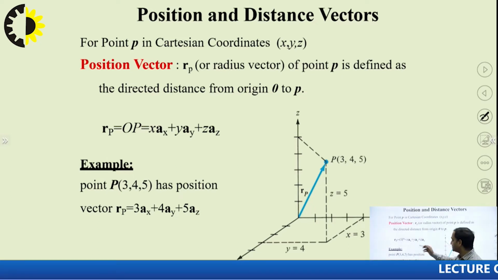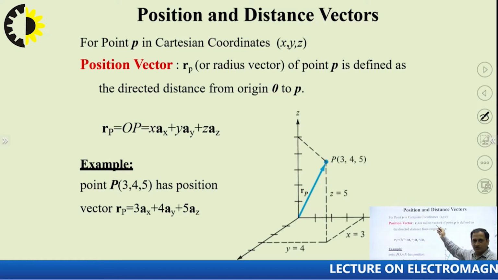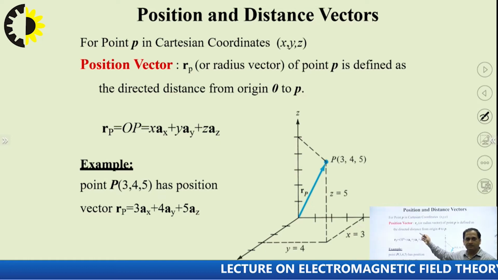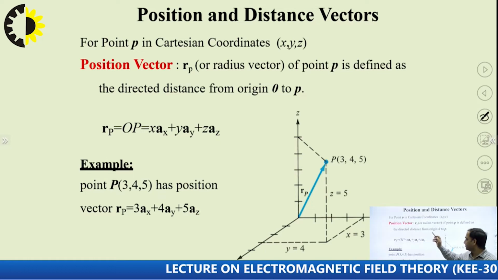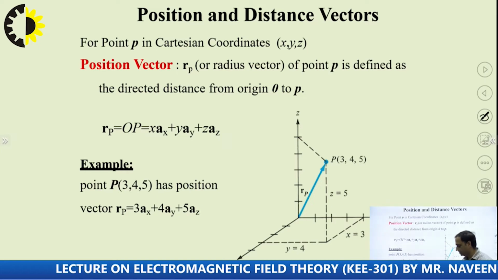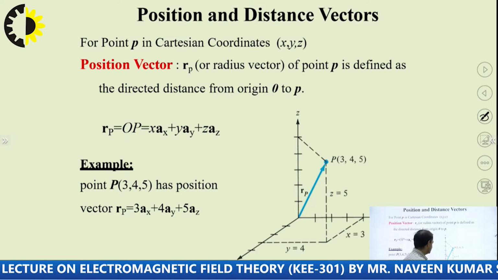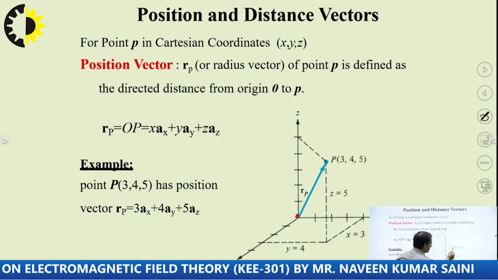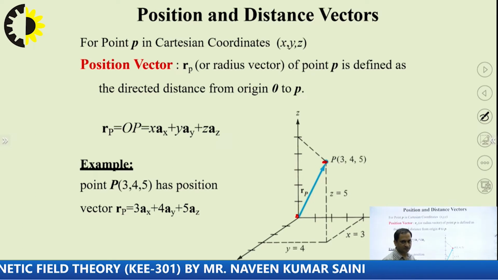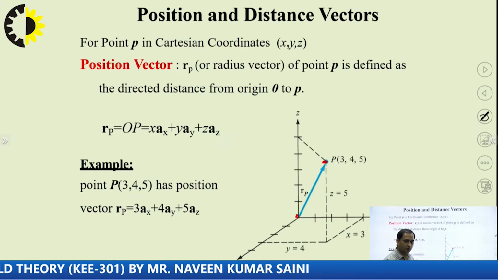So you can say that the position vector RP for point P is defined as the directed distance from origin to point P. So in this, RP is from origin to the point P. Okay, so this is the position vector. The position vector will always be from the origin, OP.